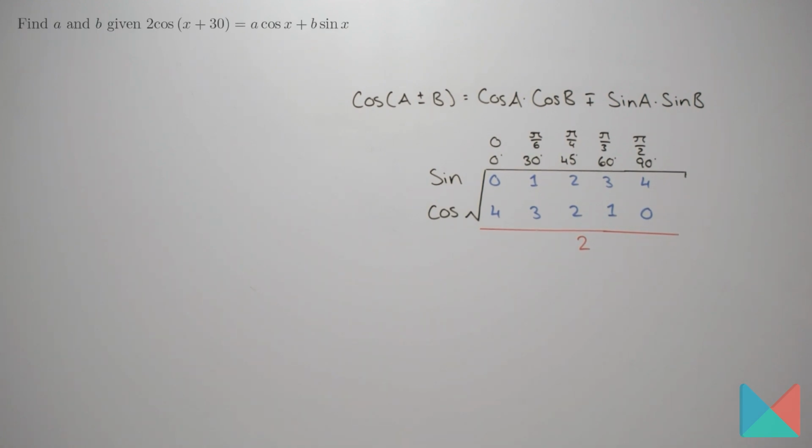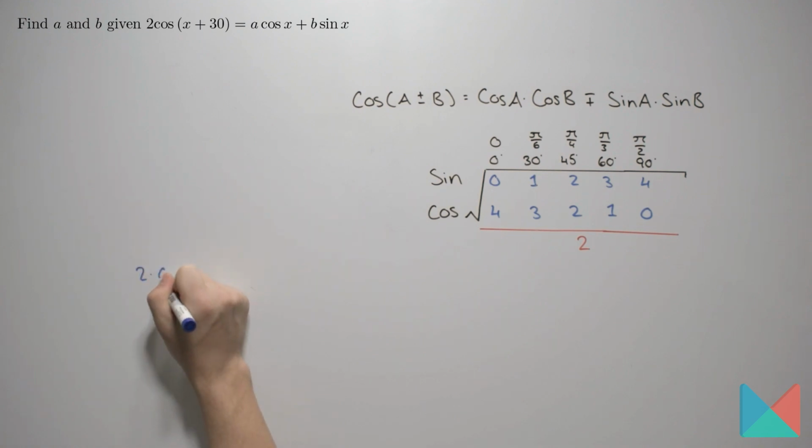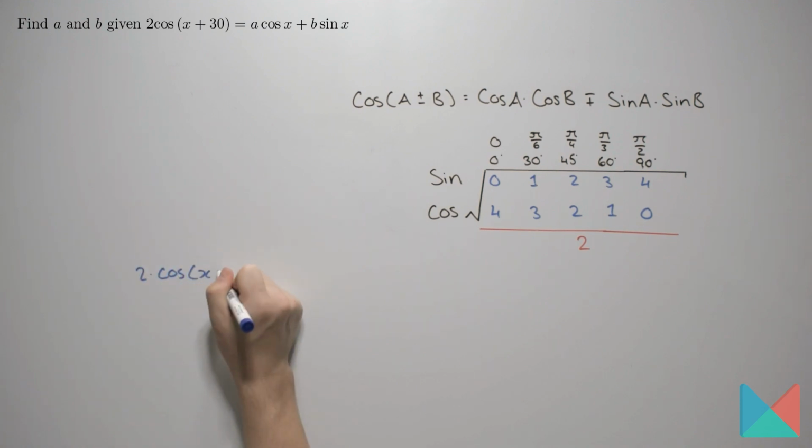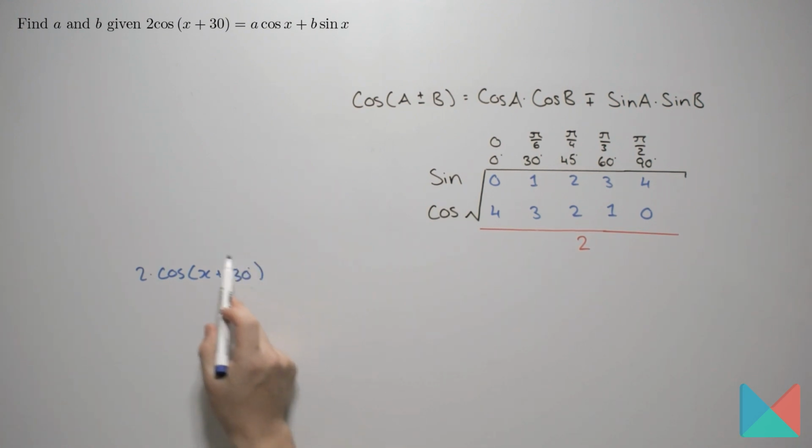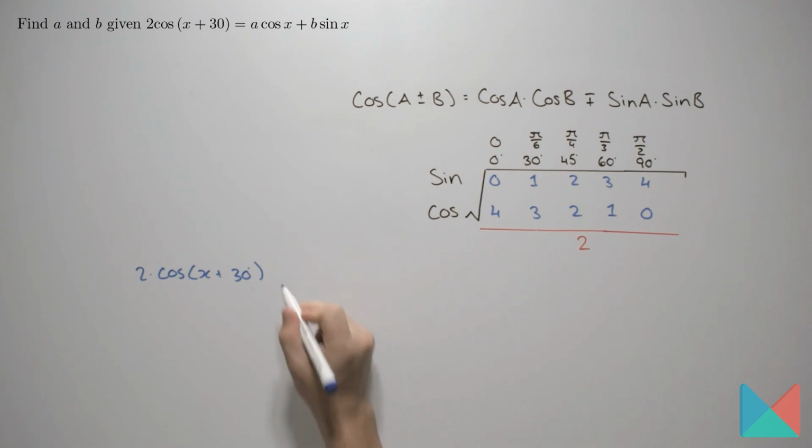For our next example, we want to find the values of A and B given the following expression. Now the best way to solve this is by first considering the left-hand side of our equation. So let's write this in, and we have 2 times cos of x plus 30 degrees. Now notice here that we can expand this expression using cosine's angle sum identity. So let's do this.